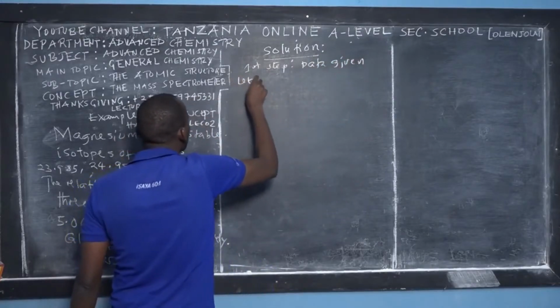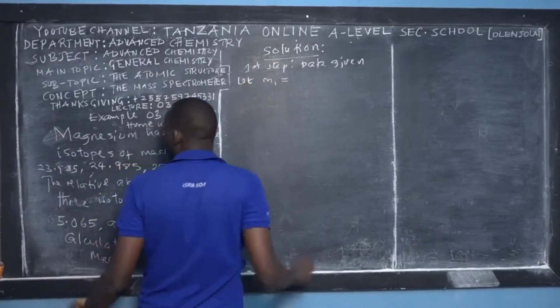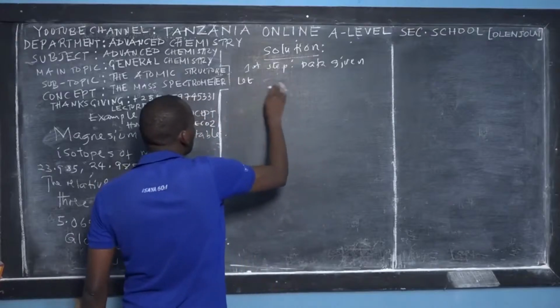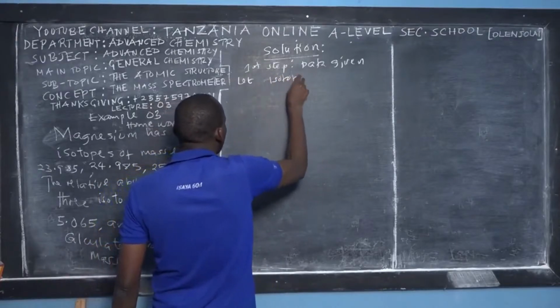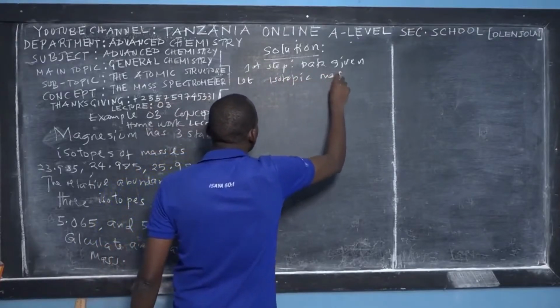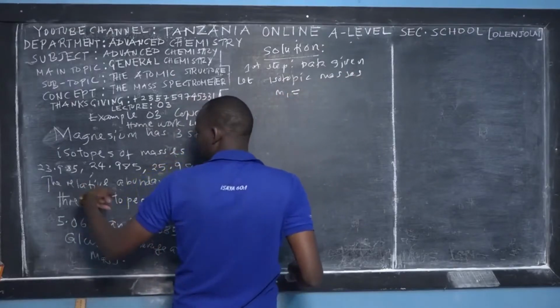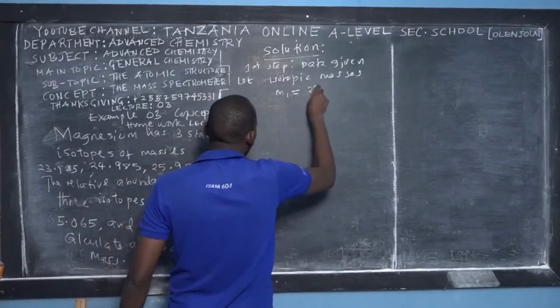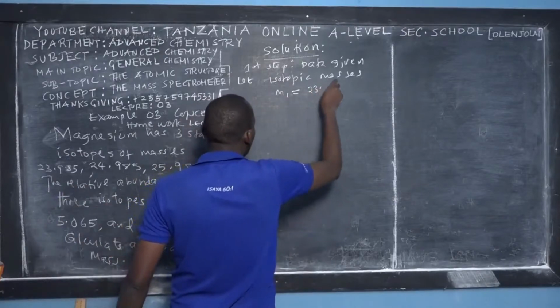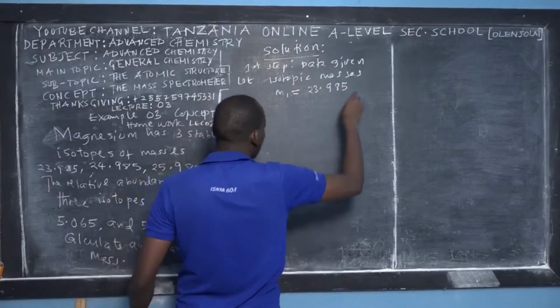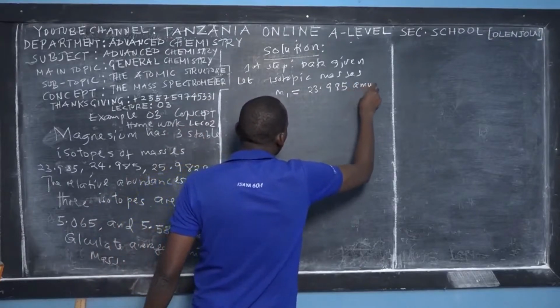Let the isotopic masses be, M1 is equal to 23.985, and the unit is atomic mass unit.